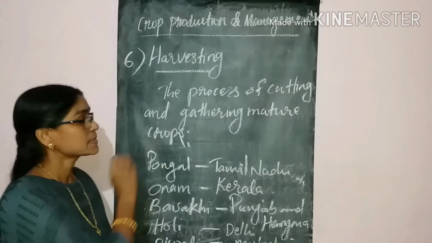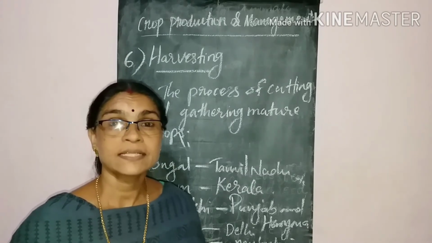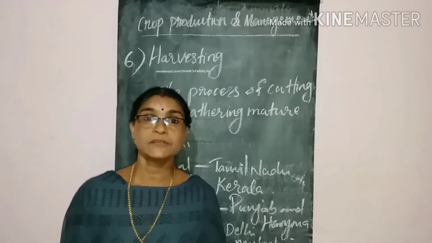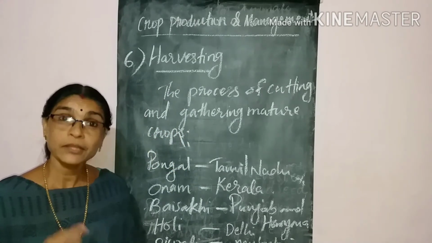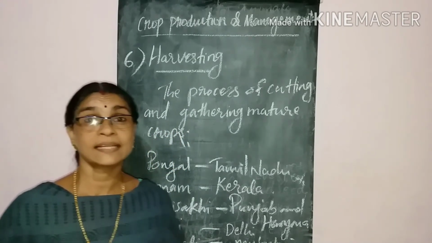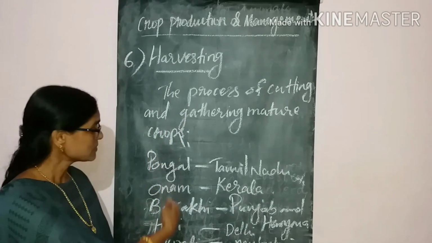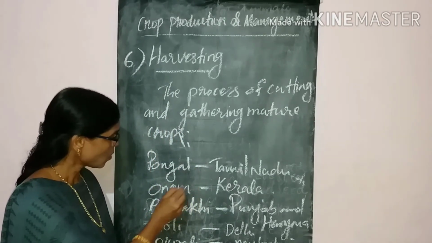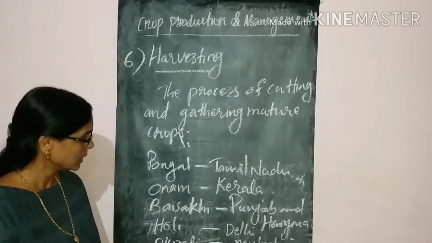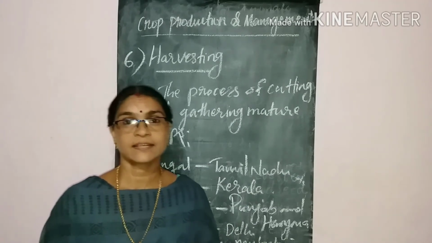Next we discussed threshing. Threshing is the separation of grain from the chaff. Another method for the separation is winnowing. And we discussed the different harvest festivals: Pongal, Onam, Vaishakhi, Holi, Diwali, Bihu, etc.